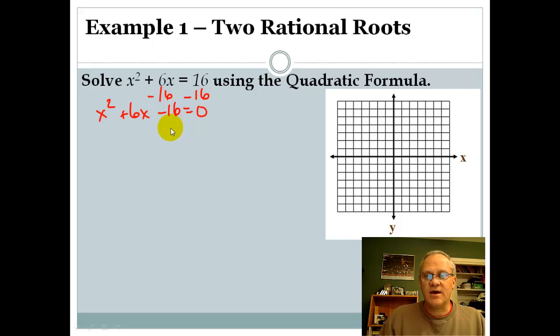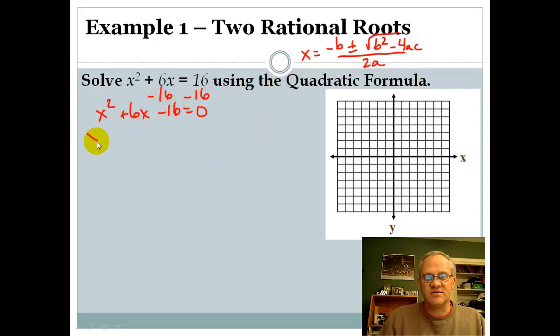Okay? So now, remember our formula again. I'll write it up here. I got some room here. X is equal to the opposite of b plus or minus the square root of b squared minus 4ac all over 2a. So that's the formula there. So let's start plugging stuff in. What's b? b is 6.